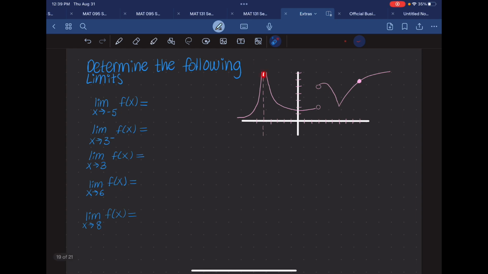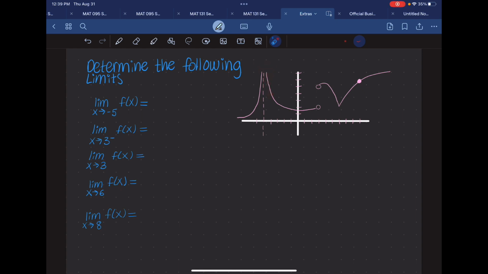And so we can see that at x equals -5, we have a vertical asymptote. And so actually f of -5 doesn't exist because we have a vertical asymptote there. But near x equals -5, on the left-hand side, we're blowing up to positive infinity, and on the right-hand side, we're blowing up to positive infinity.